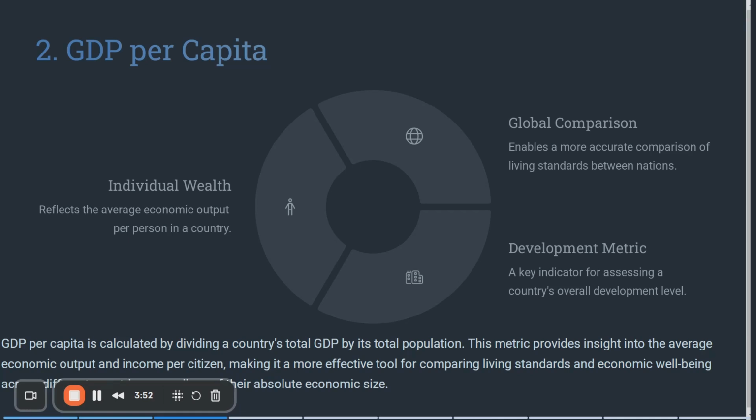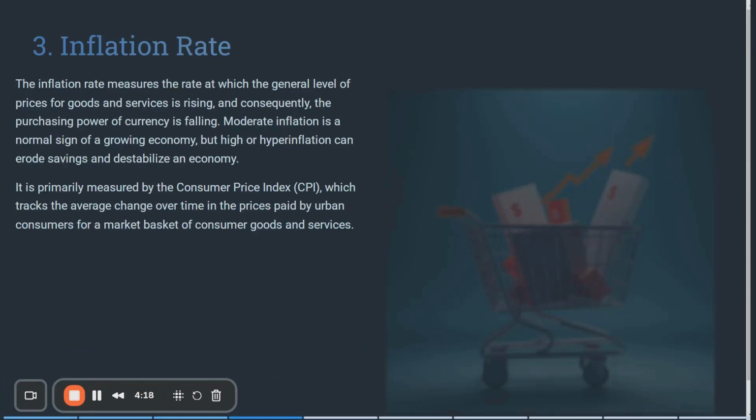Inflation rate measures the rate at which the general level of prices rises. The general level means the prices of commodities.